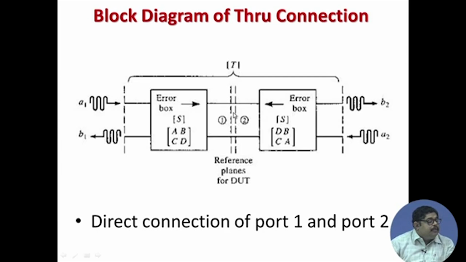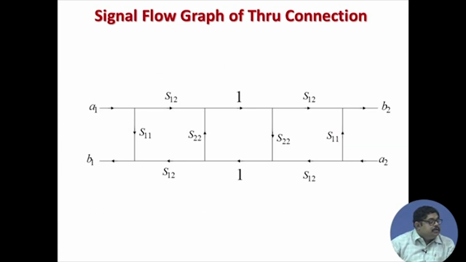Now, in the signal flow graph, what will this be? We have this S matrix, we know this is the error box S matrix. We are assuming the same S matrix here, the only thing is A2 B2, this is A1, this is A2, this is B2, this is B1, that is why the directions got changed.